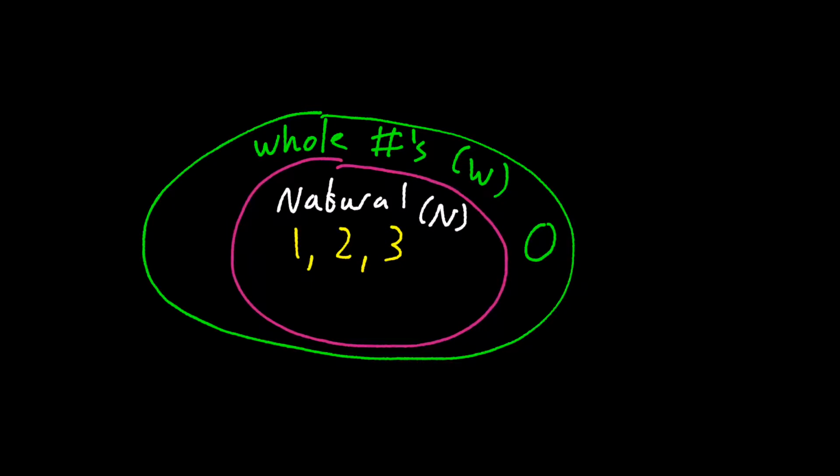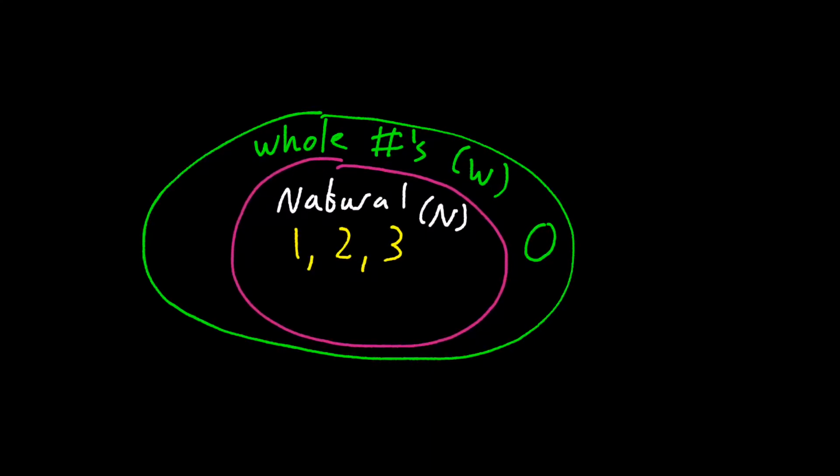So if we are talking about whole numbers, we are saying anything that is greater than or equal to 0. If we are talking about just natural numbers, we are talking about anything that is greater than 0, not inclusive.